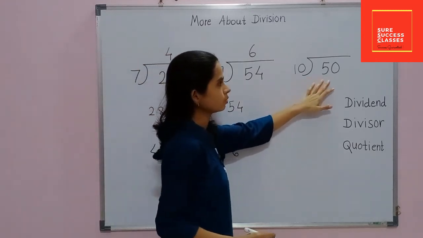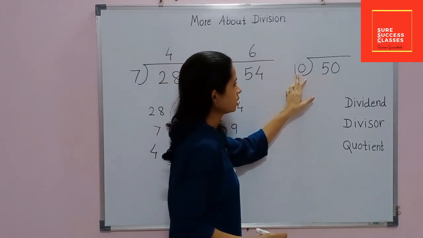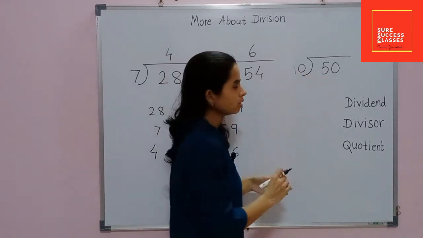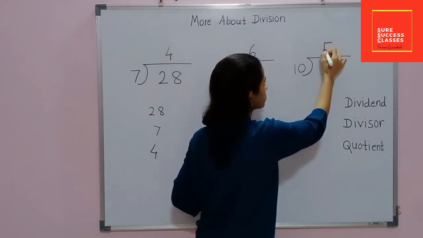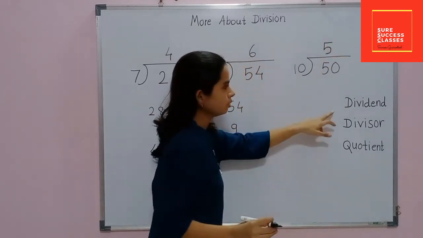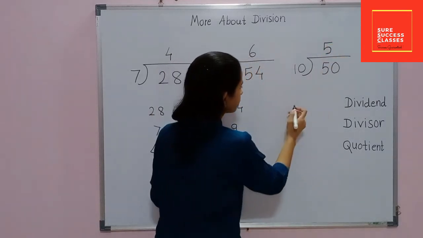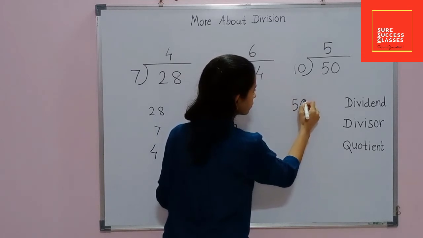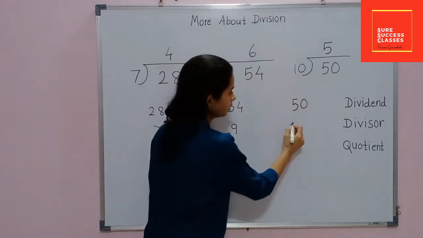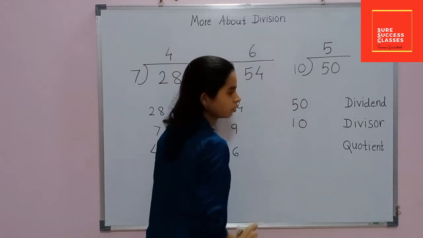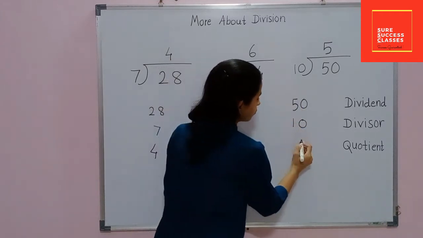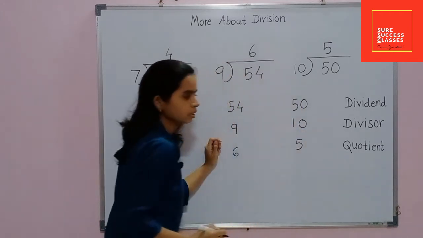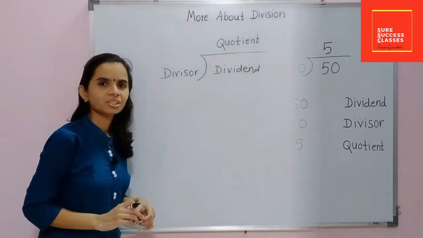Here first we will solve this division. 10 fives are 50. So the dividend is 50, the divisor is 10, and the quotient is 5. In this way we can solve this type of example.